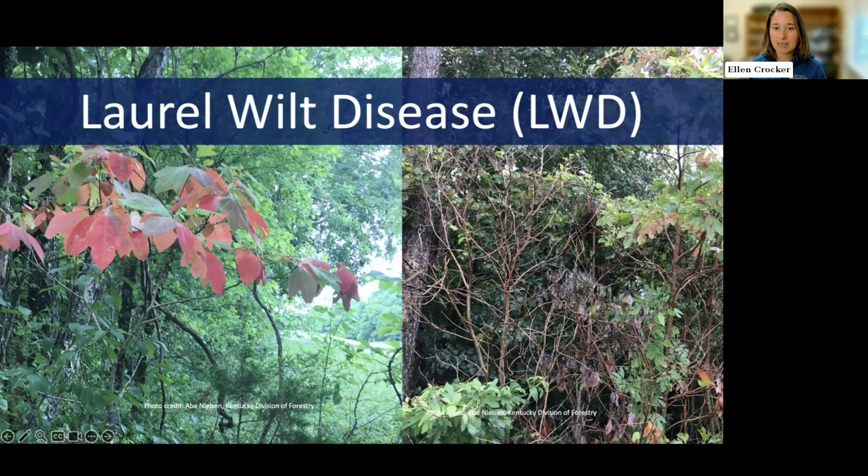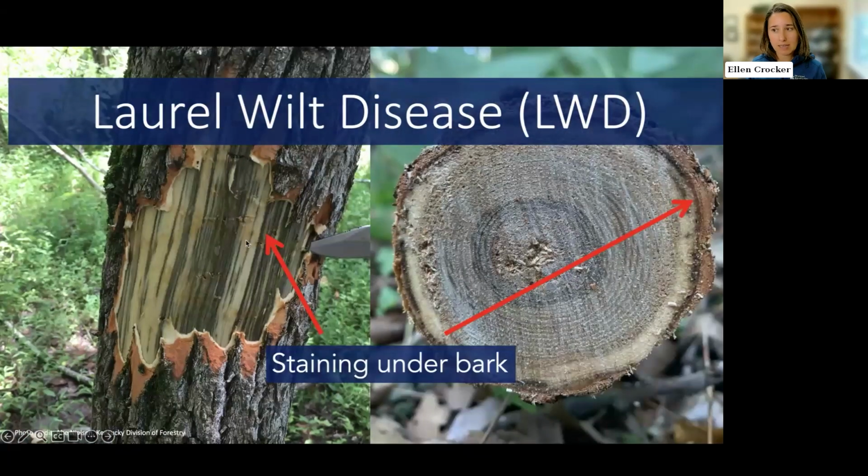What is it looking like? So you can see some of the symptoms here, the dead trees, the trees with the wilty symptoms and early fall color. But those are being caused by this invasive fungus that is in the vascular system of the tree. And you can see this streaky black staining here. That's not normal. That should not look like that. That's the fungus that is clogging up the vascular system of the tree, as well as the tree trying to defend itself.